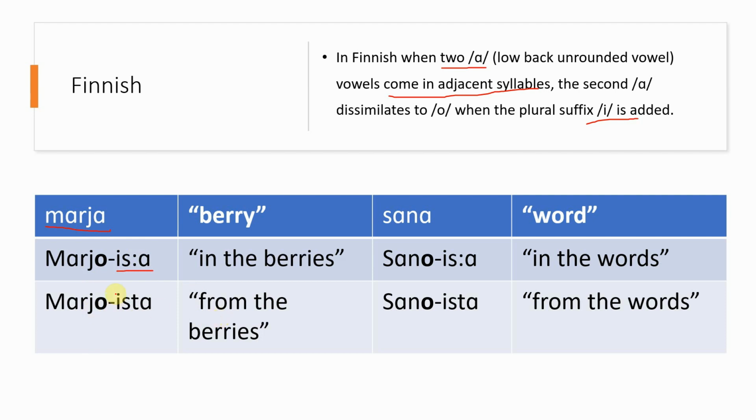Even in this case, when a plural suffix starting with i follows, dissimilation occurs and the low back unrounded vowel in the adjacent syllable becomes o. Similarly, "sana", which means word, becomes "sanoissa", "sanoista", from the words.